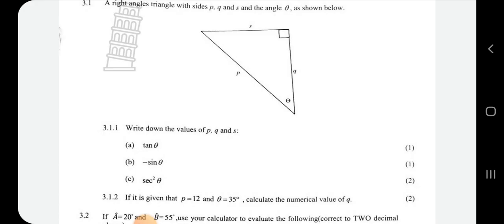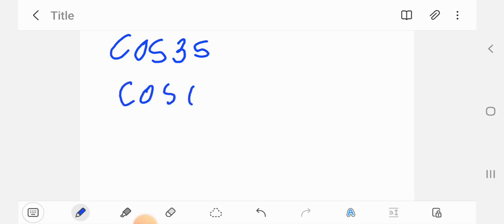So we have hypotenuse and adjacent, so we are going to use cos, because cos is adjacent over hypotenuse. So we will say cos 35, which replaces cos theta, because we were given that theta is 35.